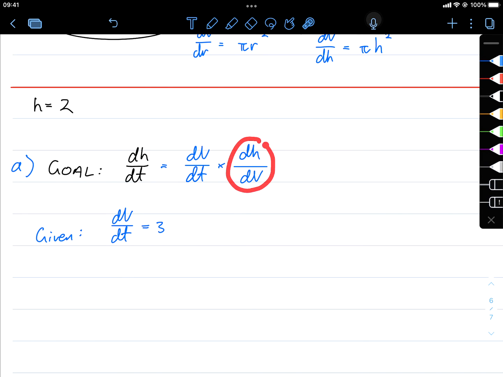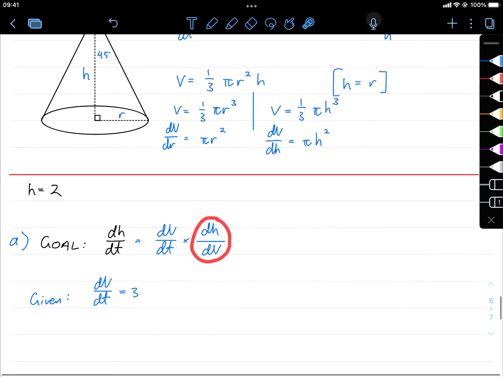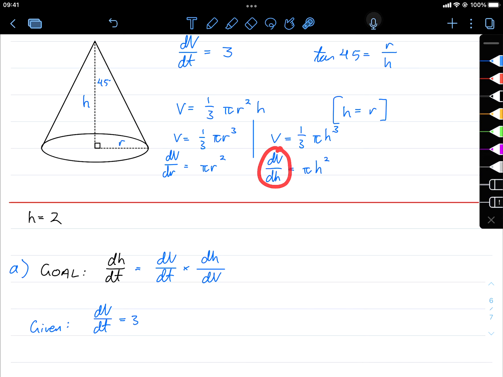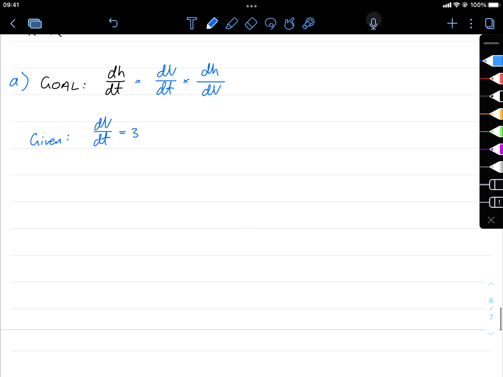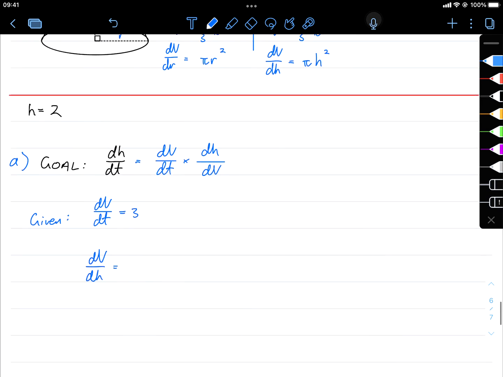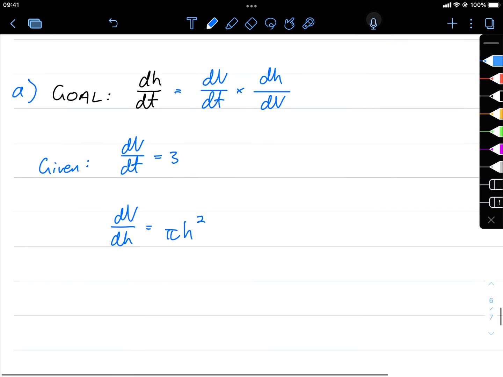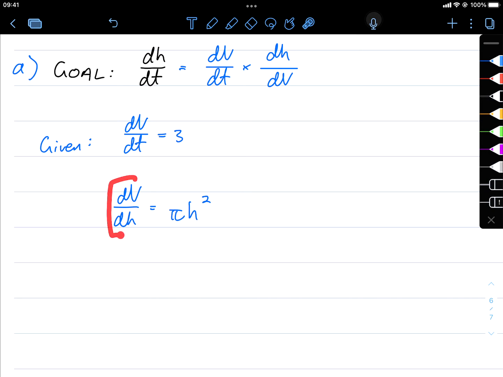In actual fact, we're looking for a dh on dt. So can you see anywhere where we have this? If you look very carefully, we have dv on dh. So let's actually use that. dv on dh, which was pi h squared. Now here's the part where you would probably have not considered it. This we can think of as if it were a fraction. If we were to take the reciprocal of this, we could flip this fraction.